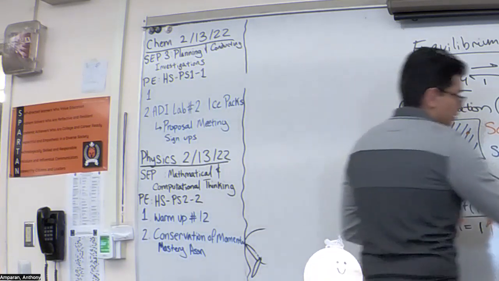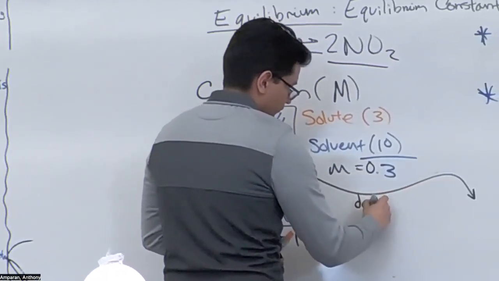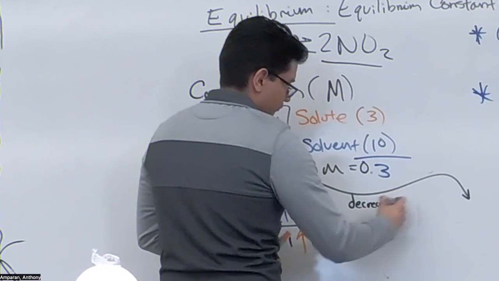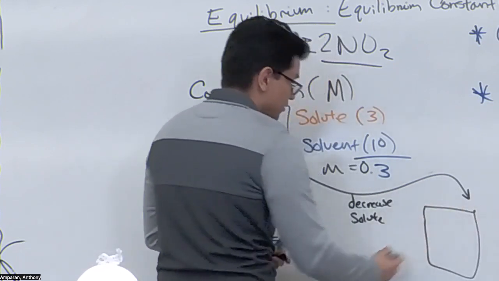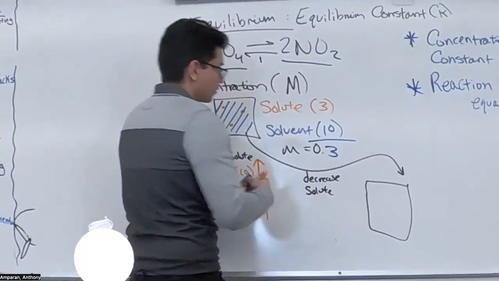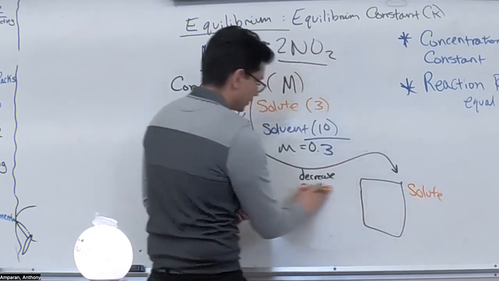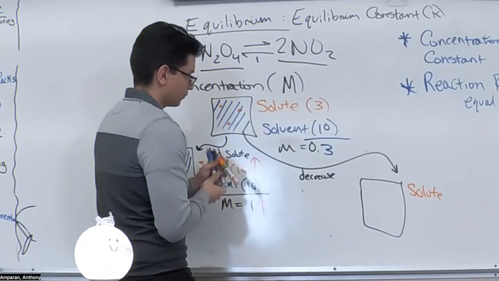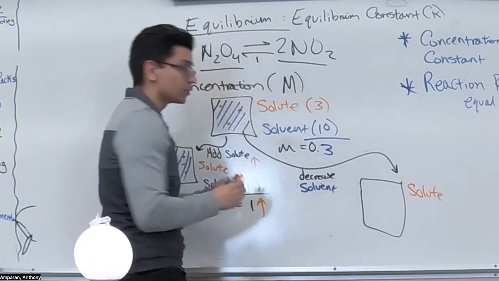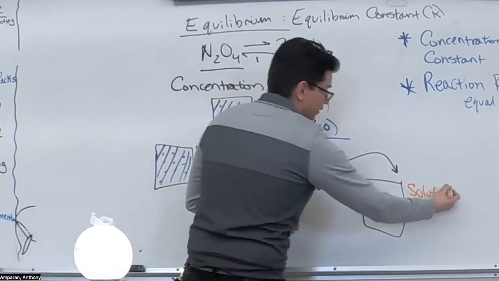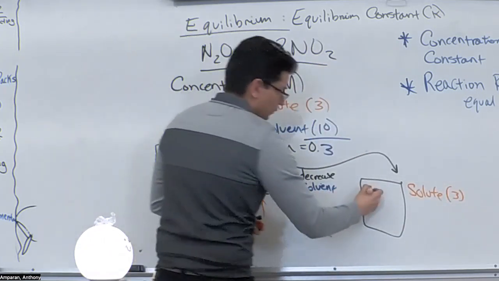Let's say we wanted to do it another way. You could also decrease your solvent. Same solute, we said in that first situation, it was 3, so I'll put 3 dots.